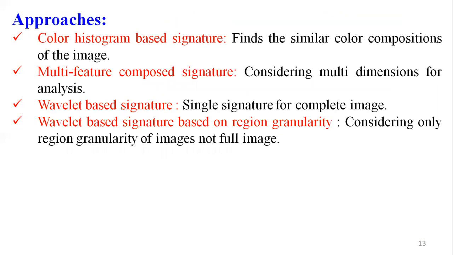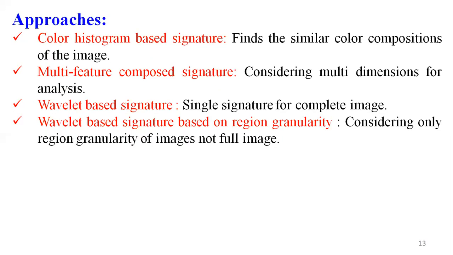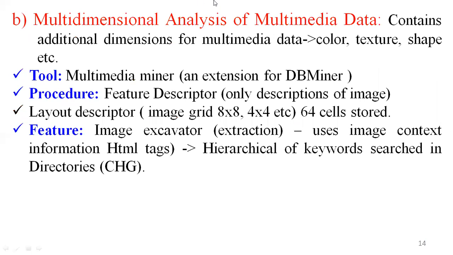The second important topic, after similarity search in multimedia, is multidimensional analysis of multimedia data. What is multidimensional? A data cube is a multidimensional model. We previously discussed the data cube, which consists of different tables and stores multi-dimensional data.